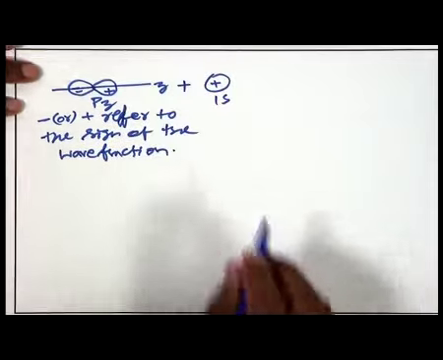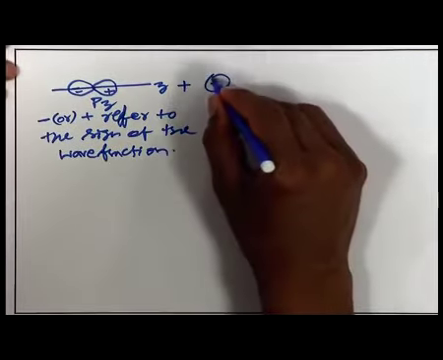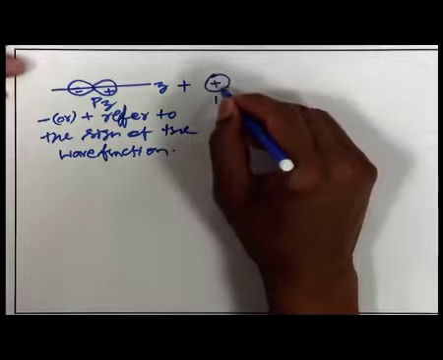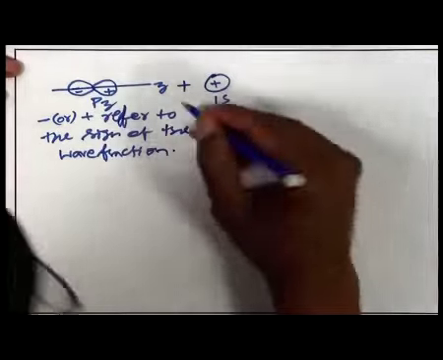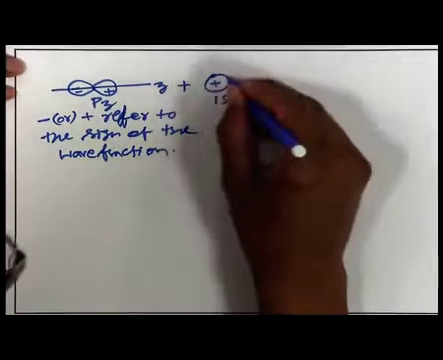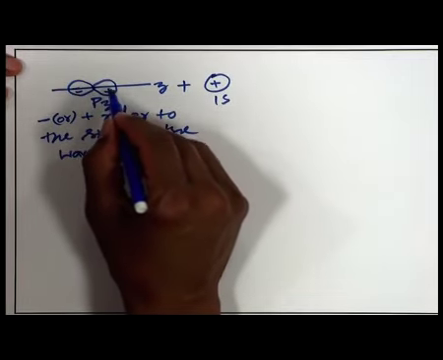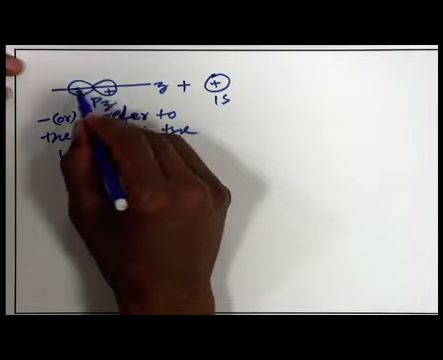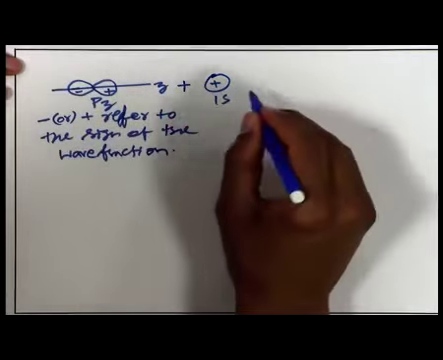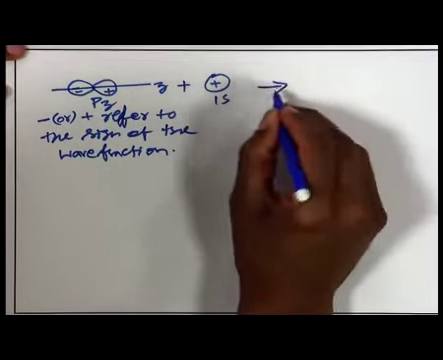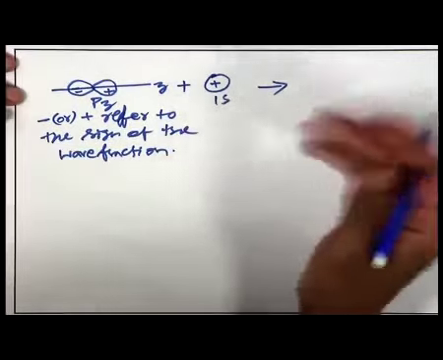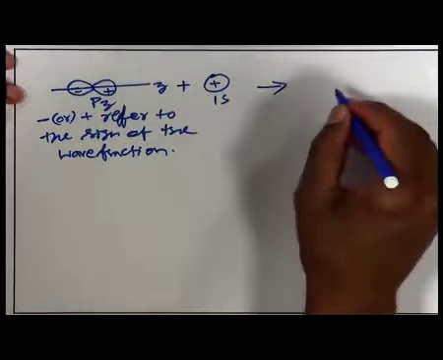It is spherically symmetric, so everywhere it is positive. So, it can overlap with this orbital in any direction, because everywhere it is positive. But on the other hand, if you take a pz orbital, it has a positive wave function here and a negative one here. So, to have an overlap which will lead to a bonding, it has to overlap in this way only.